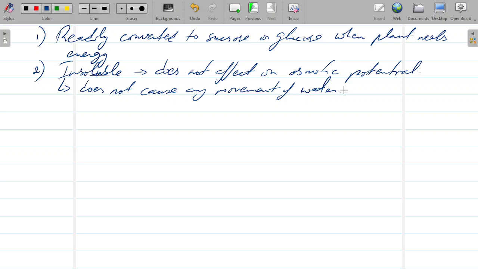It's insoluble, so it's not a solute. And when it's not a solute, it's not affecting the solute concentration, and therefore it's not affecting osmosis at all. So if you have a growing starch grain in the chloroplast, inside the plant cell, that's not going to cause more water to enter into the cell or any other effects. So that's obviously a good thing.